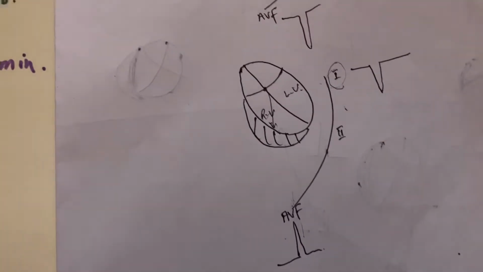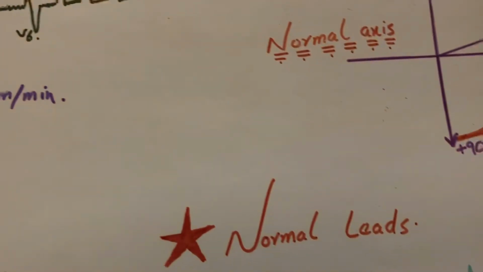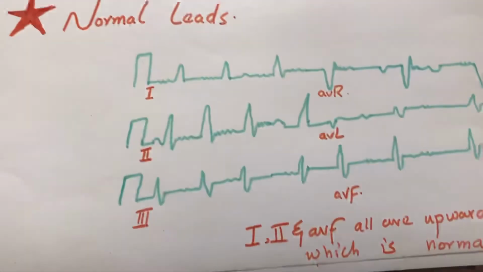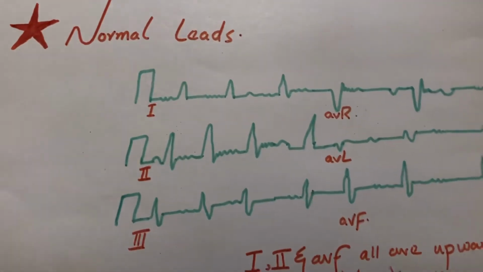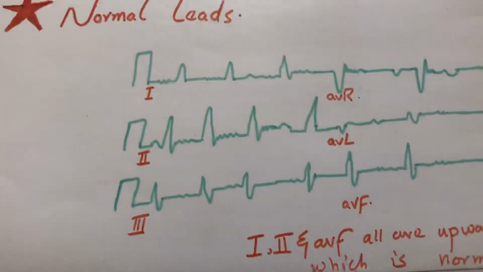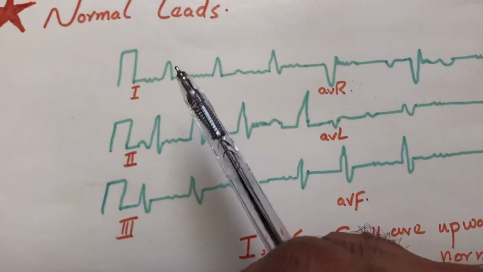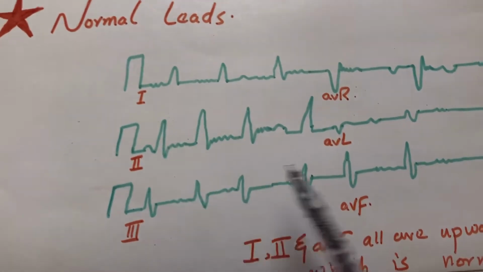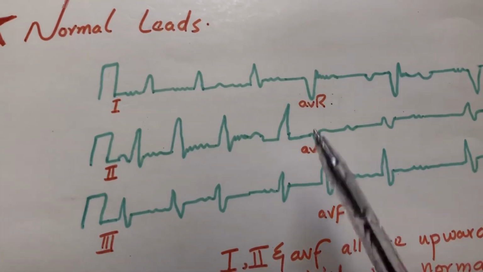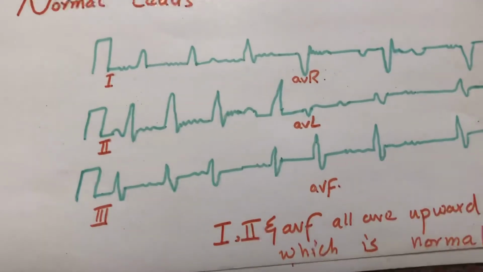Now we will see that you can see the normal axis of the heart from lead number 1, 2 and AVF. Remember that if all the deflections in 1, 2 and AVF are positive, positive meaning upside, it means it's a normal axis.